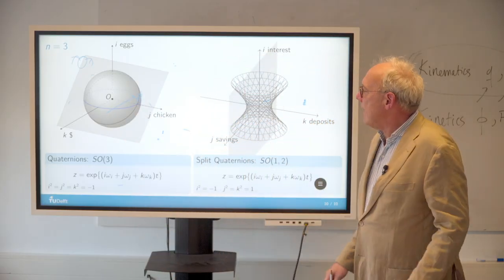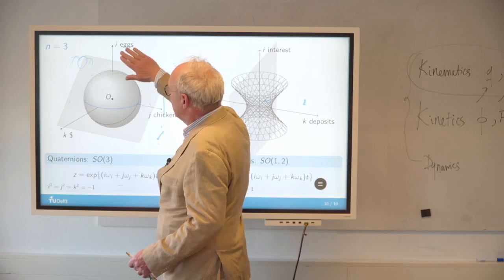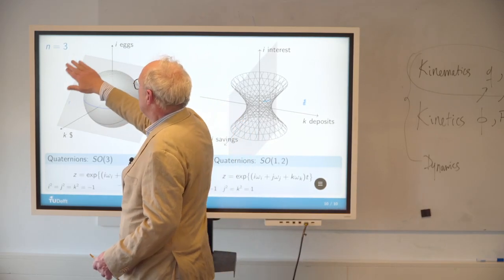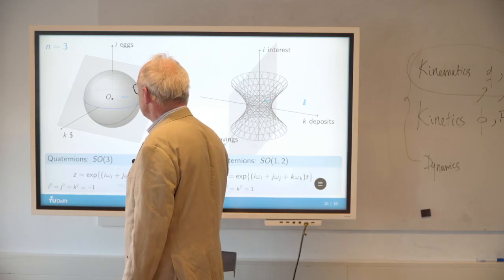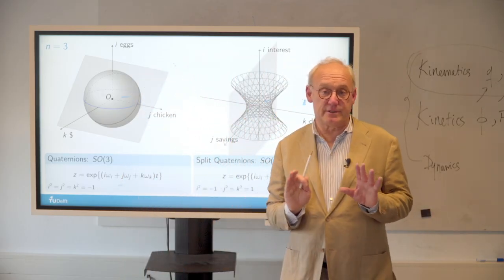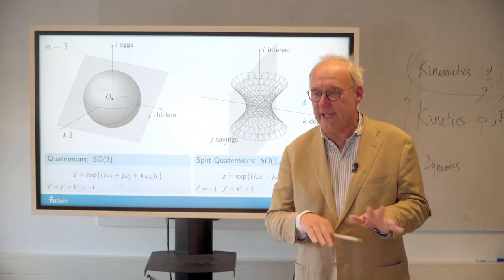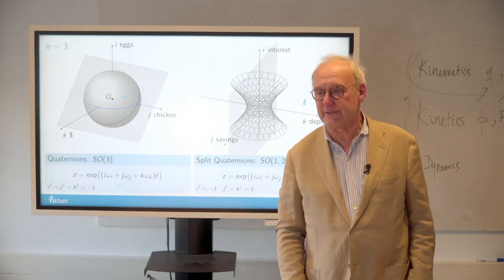Now, I've drawn this as a sphere here with a plane through it, okay? And I've written these quaternions. Now, this is not totally simple, but let me first go through the mechanics, because you all know that, and then we'll translate it to economics, right?